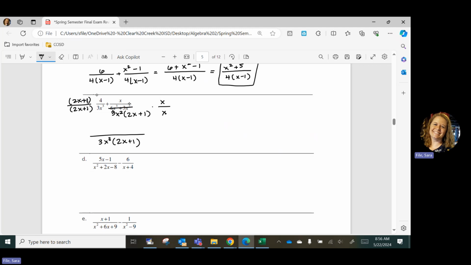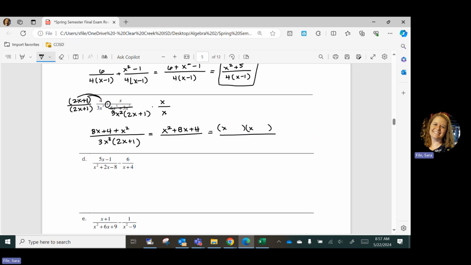And when I combine up here in my numerators, I got to distribute that 4. So that is 8x plus 4 plus, and then x times x is x squared. So I'm just going to rearrange that. That's x squared plus 8x plus 4. And I'm going to see if I can factor that in my numerator so that I'm maybe able to reduce.